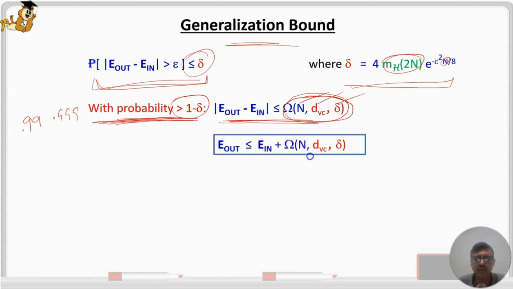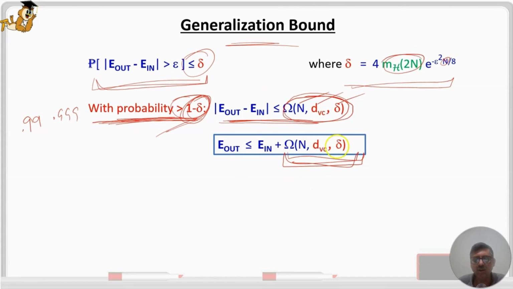And therefore, we can write it in this way, right? With a probability greater than 1 minus delta, with a higher and higher probability approaching 1, no matter what delta you specify, your out of sample error is going to be upper bounded by Ein plus this quantity, which can be made smaller and smaller with increasing n.